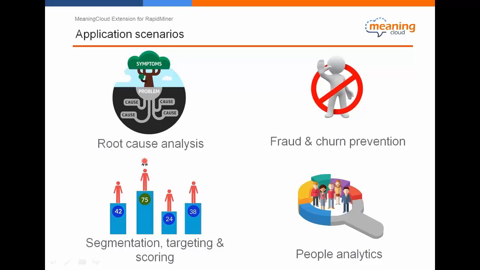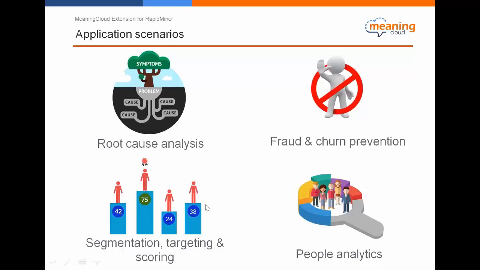Or for example, for fraud or churn prevention, you can augment the typical database fraud analysis models with information from social media or your contact center to detect suspicious behaviors or things that make you predict that the customer is about to leave.